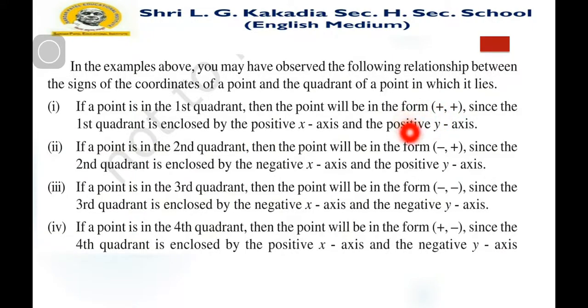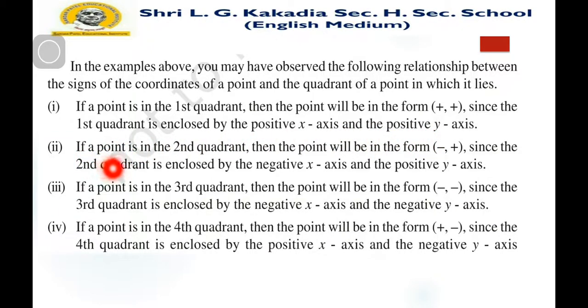Means if the given coordinate pair x, y has both values positive, then it always lies in the first quadrant, since the first quadrant is enclosed by the positive x axis and positive y axis. The coordinates of point P in the first quadrant are always positive x and positive y.